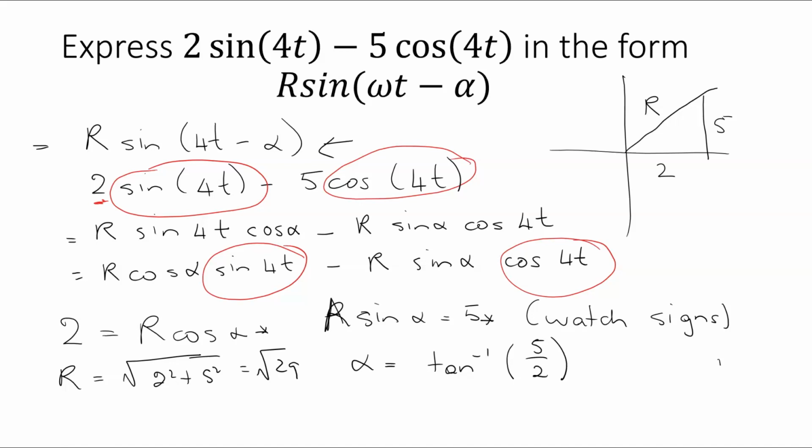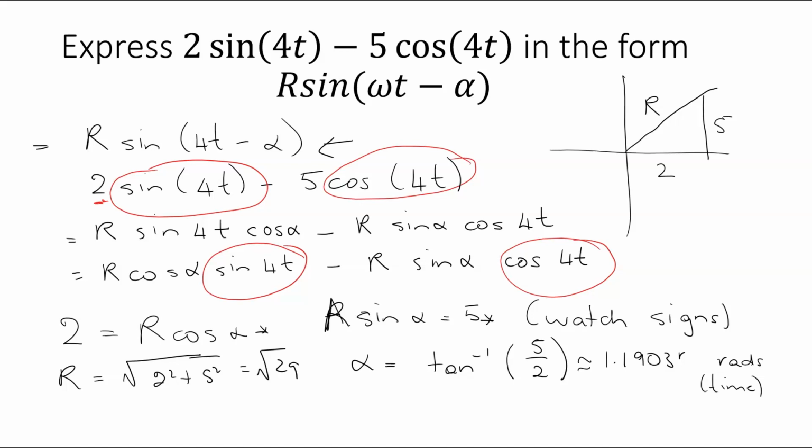Now we're in radians because we've got t for time in the expression. So then alpha is going to be approximately 1.1903 radians.